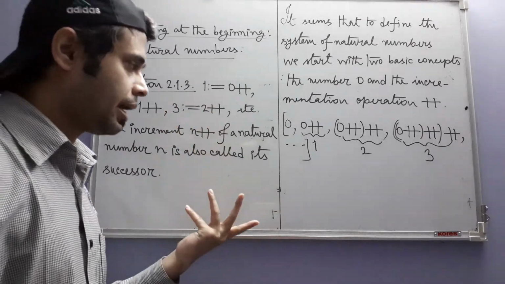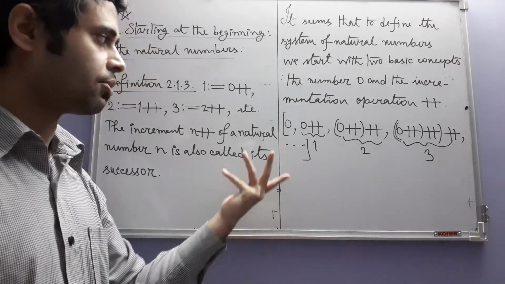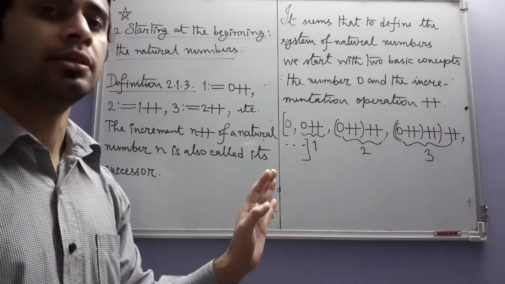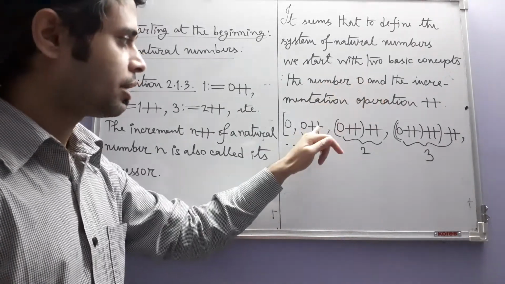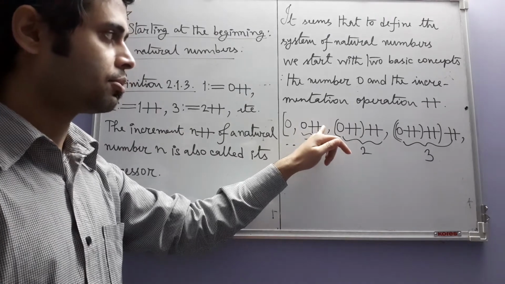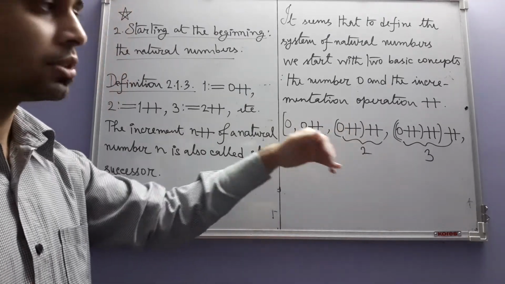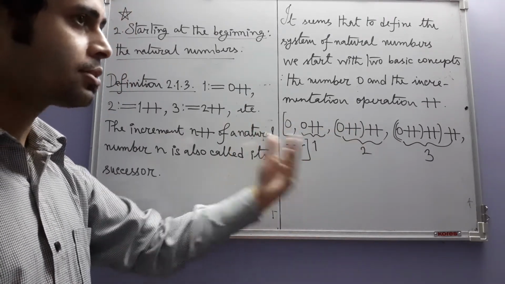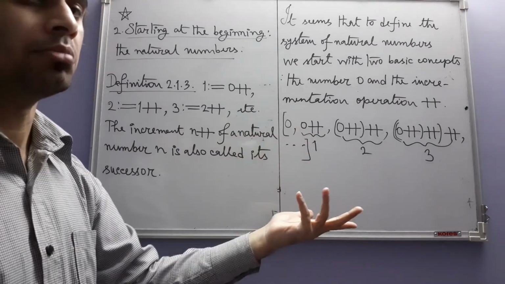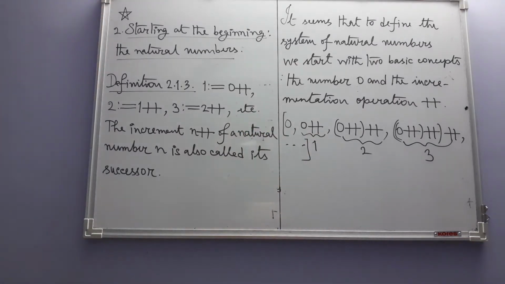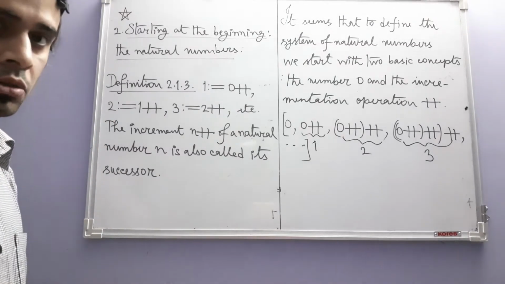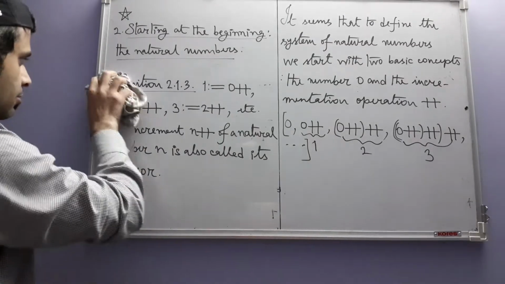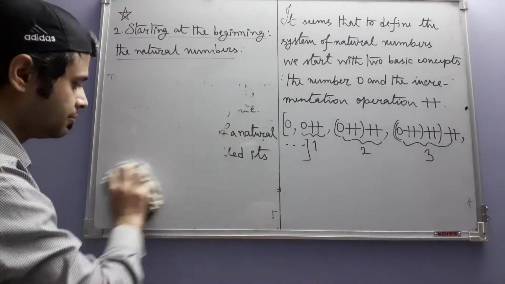We have to make assumptions because as of now we are not given anything except we have a number 0 and we have an operation known as the incrementation operation, which produces something next to what is being incremented. So if we think of that, then immediately we get two assumptions regarding this whole thing.